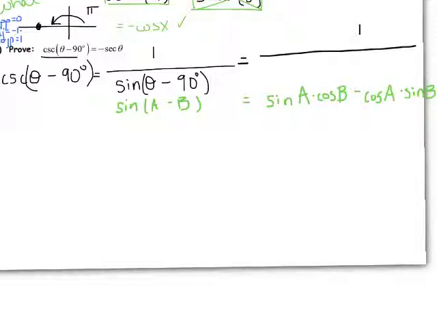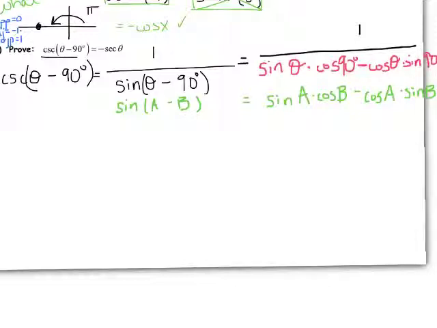So sine, and instead of A, I have theta. Cosine, instead of B, I have 90. Minus cosine theta times sine 90.